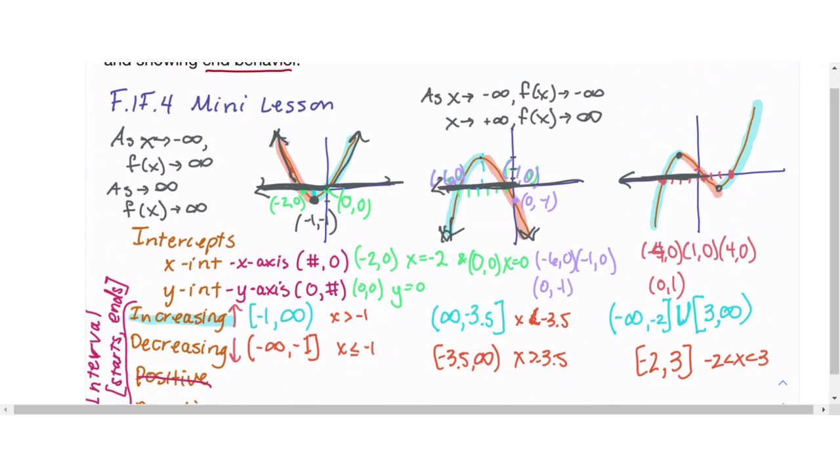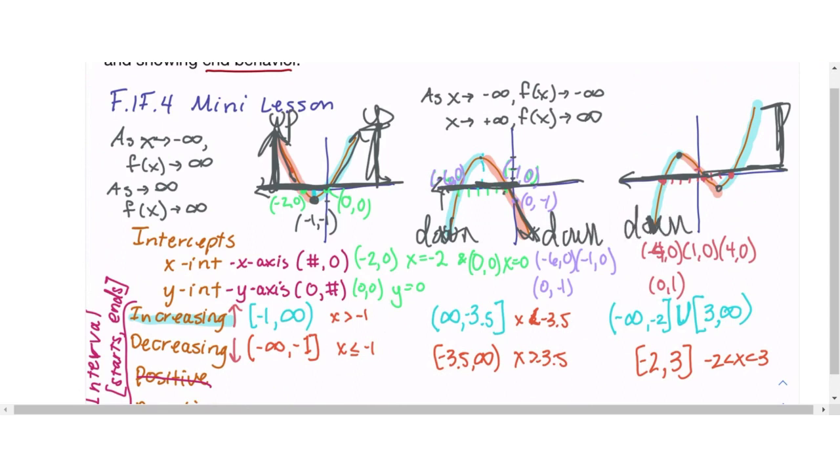This one has a little bit of both. Like on this side, on the left side, it's going down. And on the right side, it's going up. Left side down, right side, even if it kept on going, it would go up.